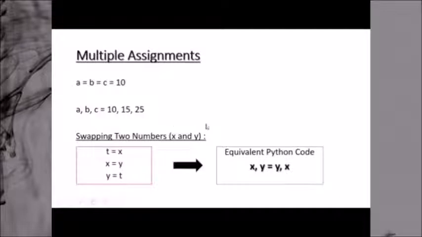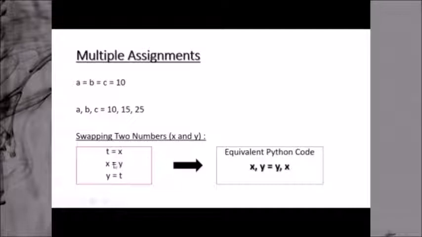Now to perform this task in other programming languages, we usually write: t is equal to x, x is equal to y, y is equal to t. That is, the value of x is assigned to t, then the value of y is assigned to x, and then the value of t, which was holding the previous value of x, is assigned to y. In this way, y holds the value of x, so x and y are interchanged.